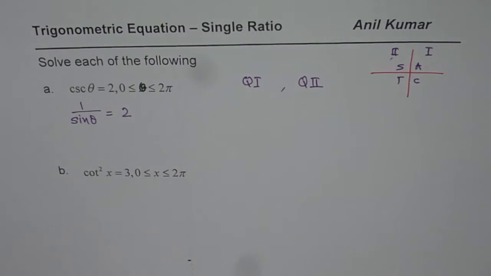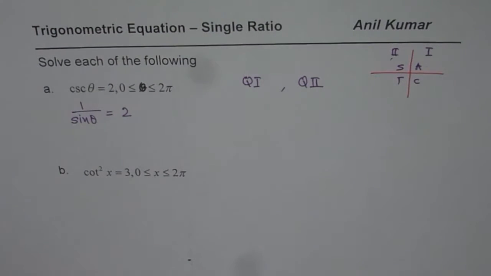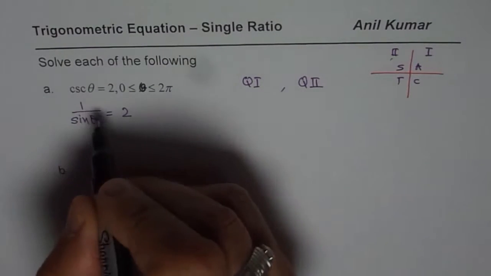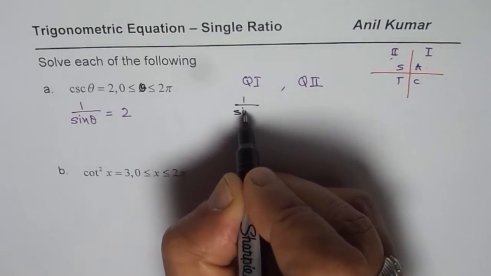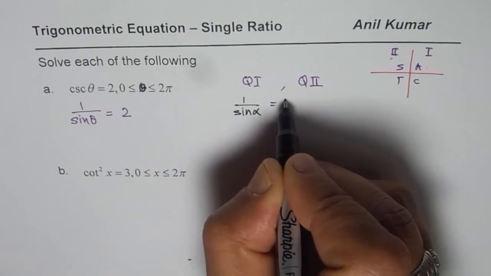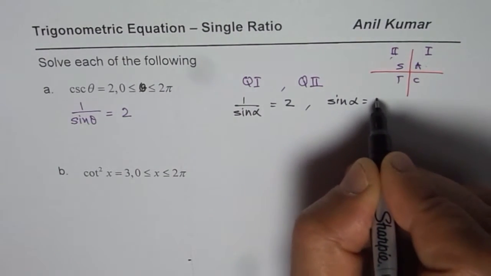Now the next part is to find the acute angle, correct? To find the acute angle, we rewrite our equation, and instead of theta, we'll say 1 over sine alpha equals 2. That gives us sine alpha equals 1 over 2.